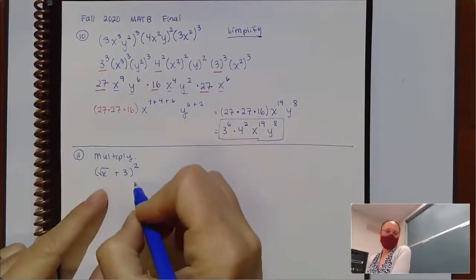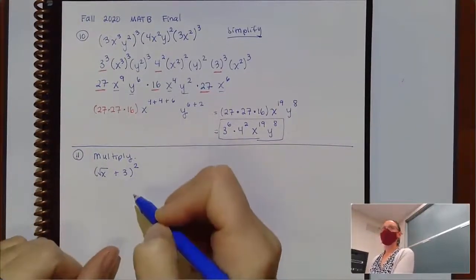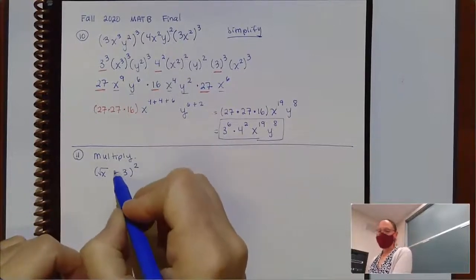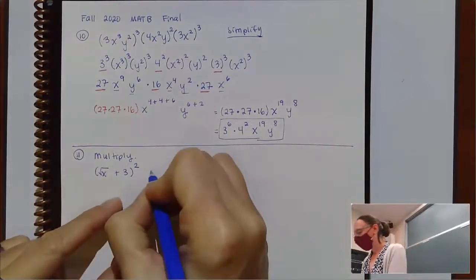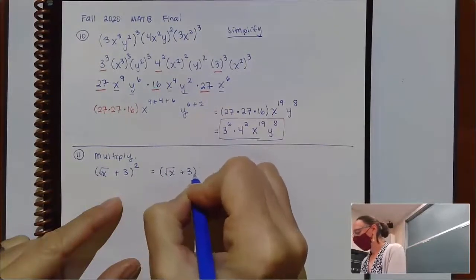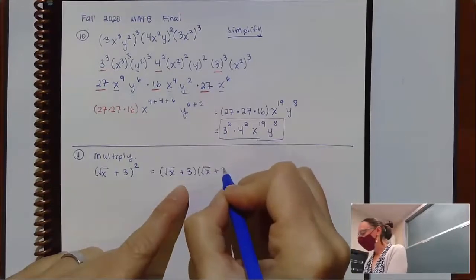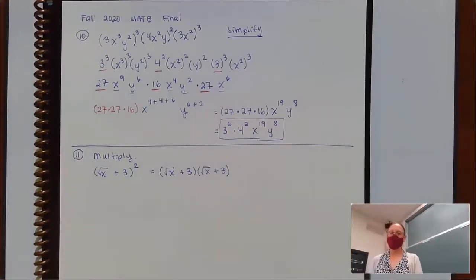One thing to just remember, when we have something in parentheses that's squared, if I've got addition or subtraction inside, I really want to think about that as that whole thing in parentheses times the whole thing all over again, to make sure that we're foiling this out correctly.